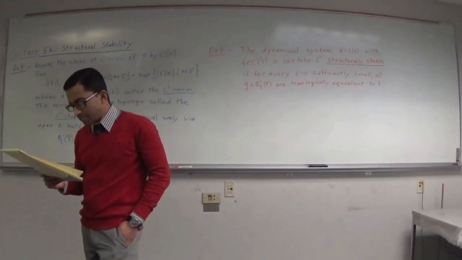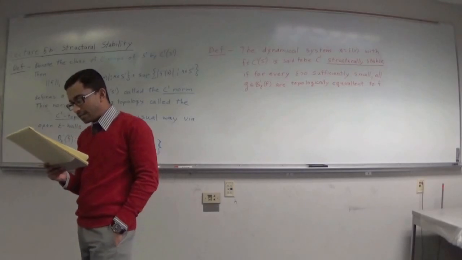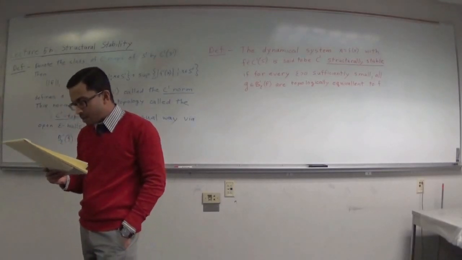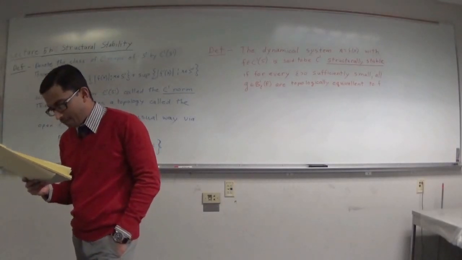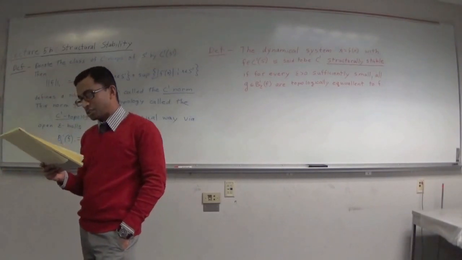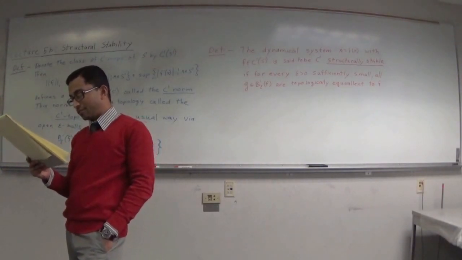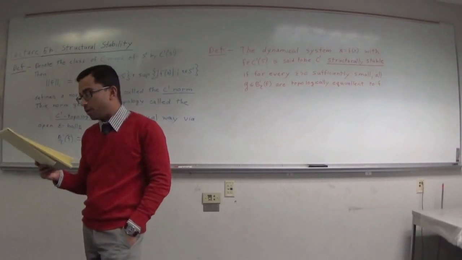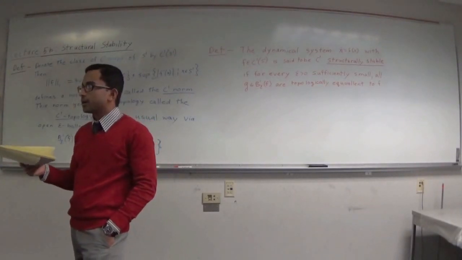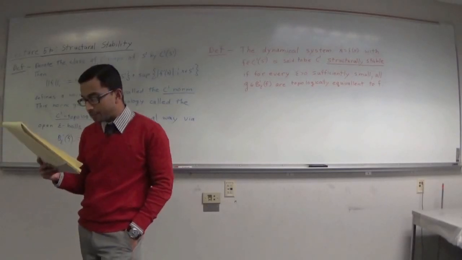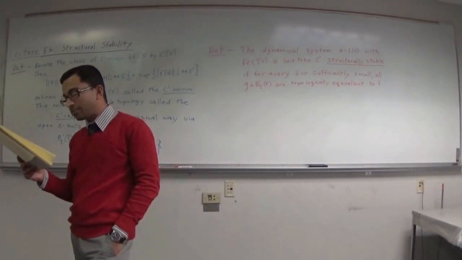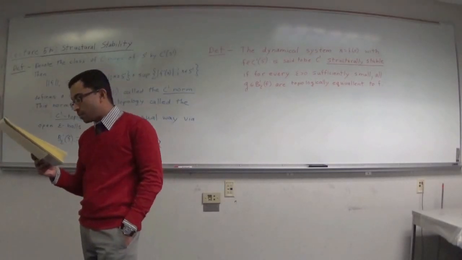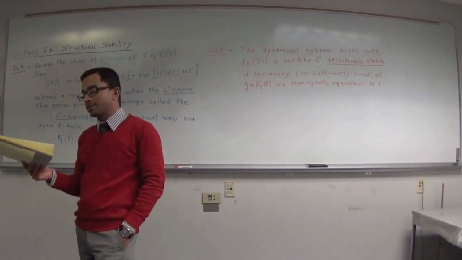So Peixoto's theorem says let x dot equal f of x be a C1 dynamical system on a smooth closed surface M, then the dynamical system is C1 structurally stable if and only if it satisfies the following properties. The properties are that all recurrent behavior, like periodic orbits and such things, is confined to finitely many fixed points and periodic orbits, all of which are hyperbolic.